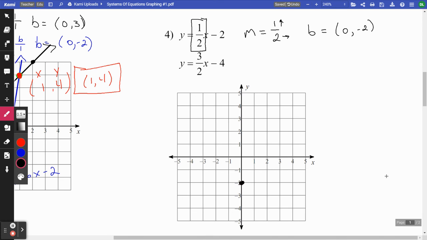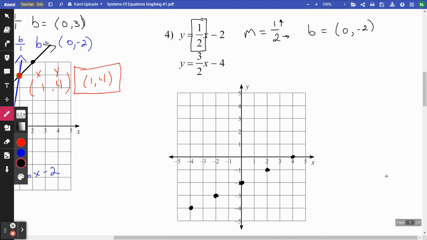Goes right there. I go up 1 to the right 2. Up 1 to the right 2. I can go down 1 to the left 2. Down 1 to the left 2.